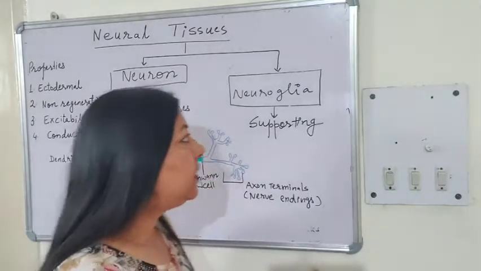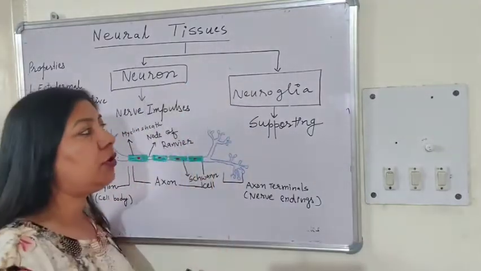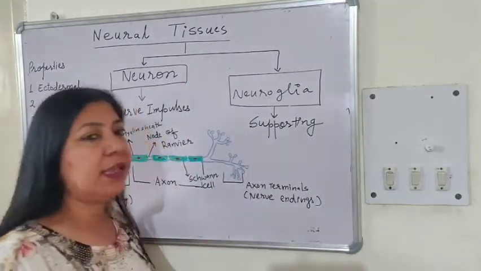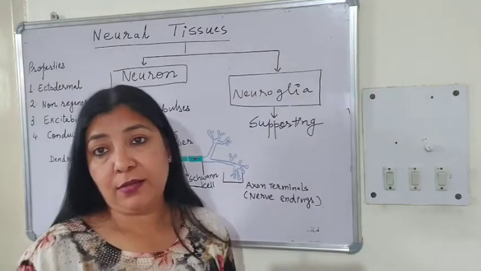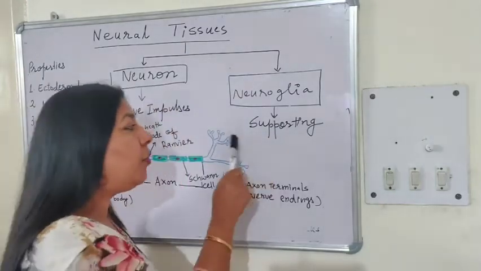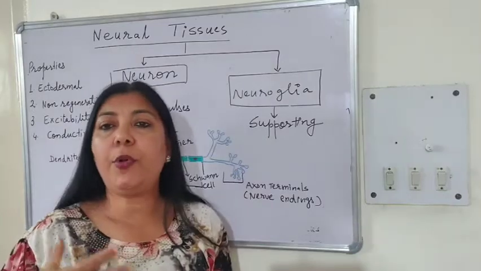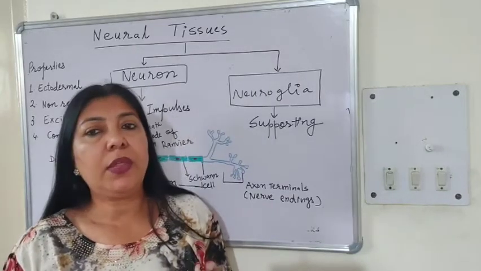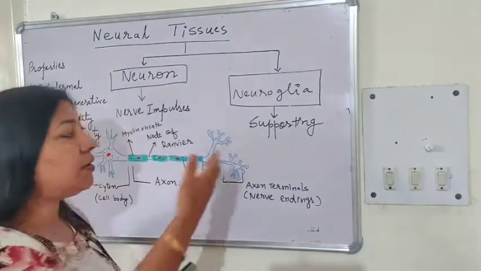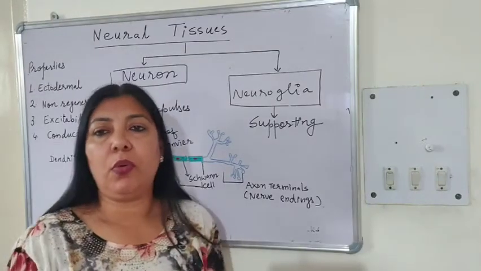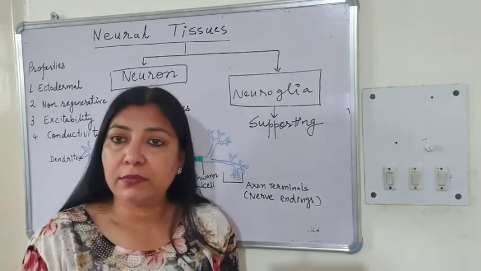The next type of cells present in neural tissues are called glial cells or neuroglia. These are supporting cells. They are protective, they also nourish the neurons, and they are also insulating.